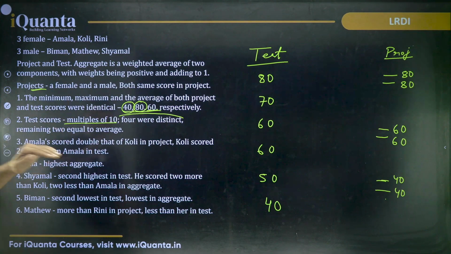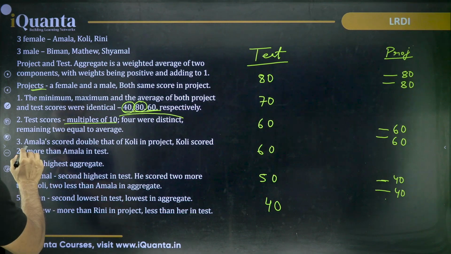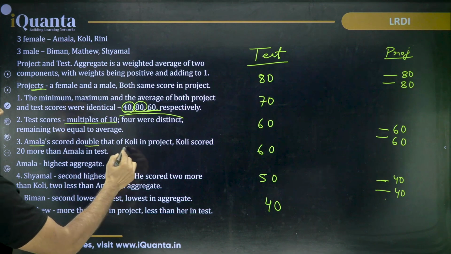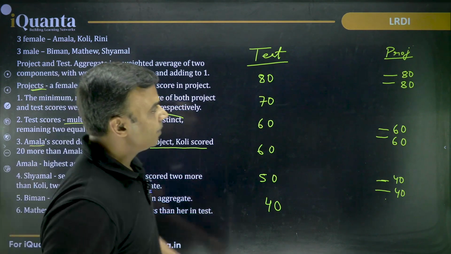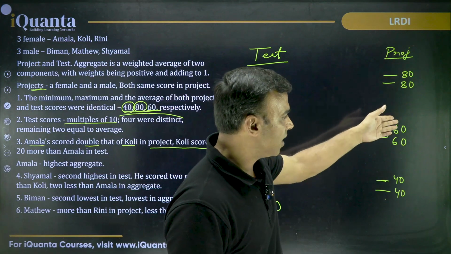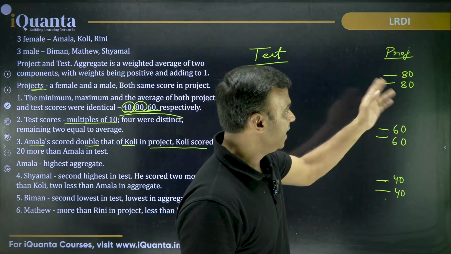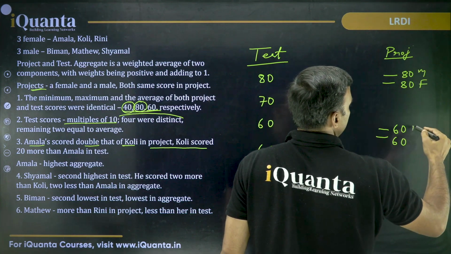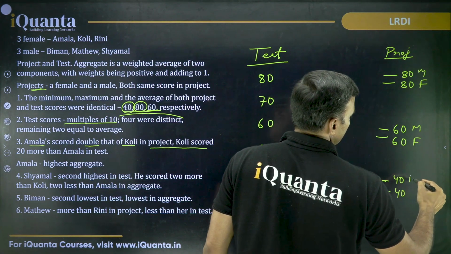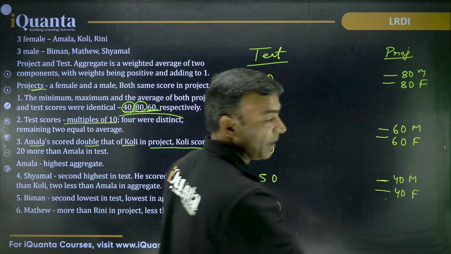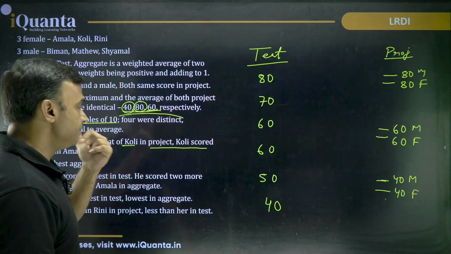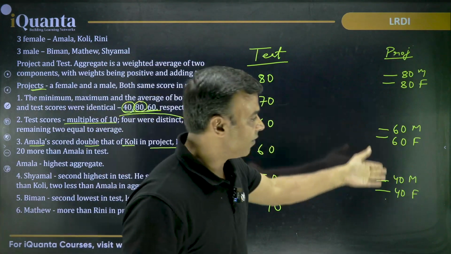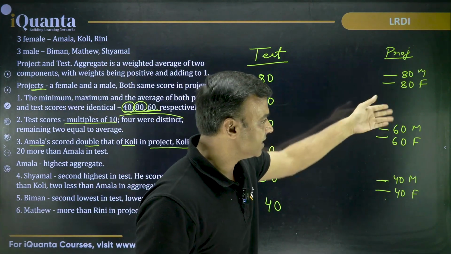Okay, now the next part. Amla scored double that of Kohli in the project. In the project, scores are either 80 or 60 and 40. Now suppose I say male, female, male, female, male and female, because in project, the pairs have to be like male and female. Now there is only one possibility of one number being double of the other. It cannot be 80, 60, it cannot be 60, 40.